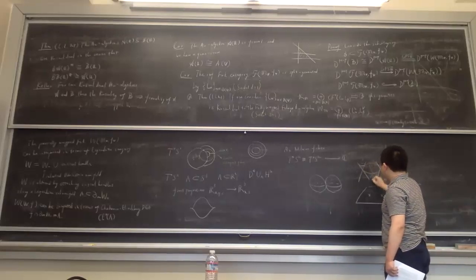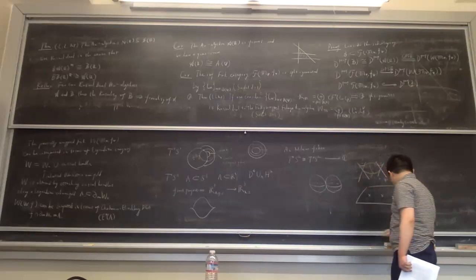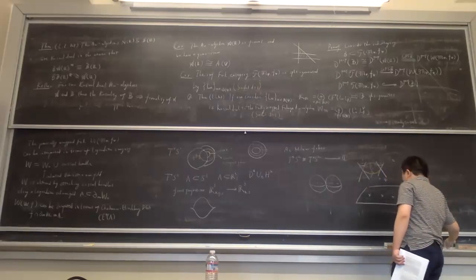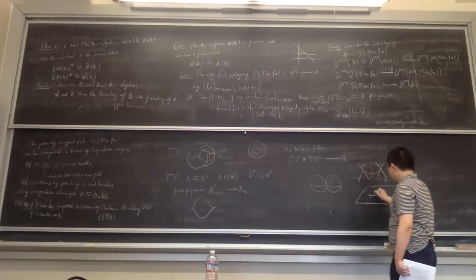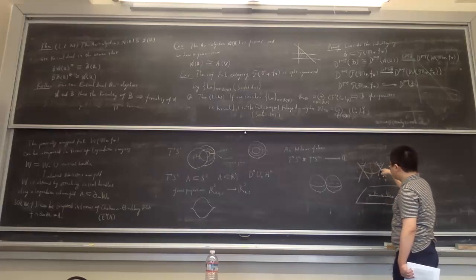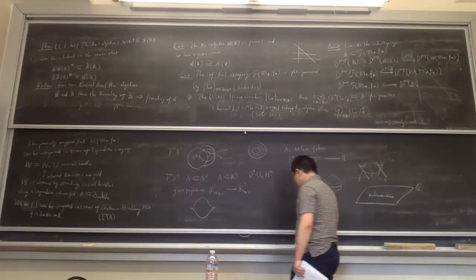So this is your vanishing cycle, and it vanishes at these 2 singular fibers. So what you can see is that in the base, if you draw these 2 line segments, you will get 2 Lagrangian spheres, V1 and V2, and they intersect transversely at a single point, which is exactly this picture.